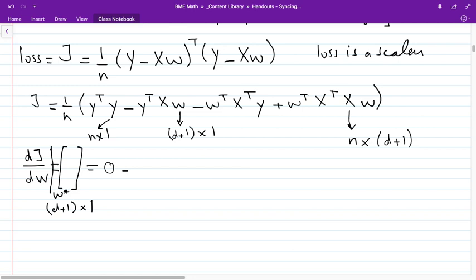And the other important thing is, this is a scalar. This is just a number. So we can set them equal to each other and add them. This is the same thing as this, transposed, and we can indeed transpose a scalar and we get the same number. So I can write this term here as minus 2 times y transpose xw.